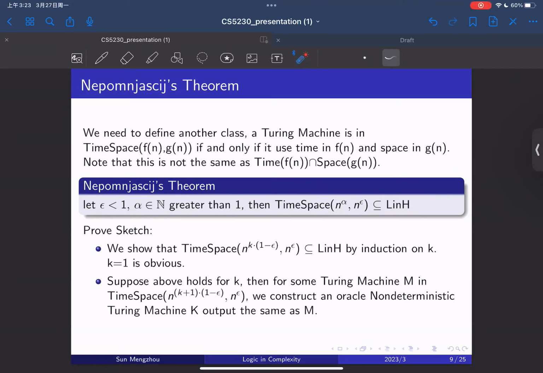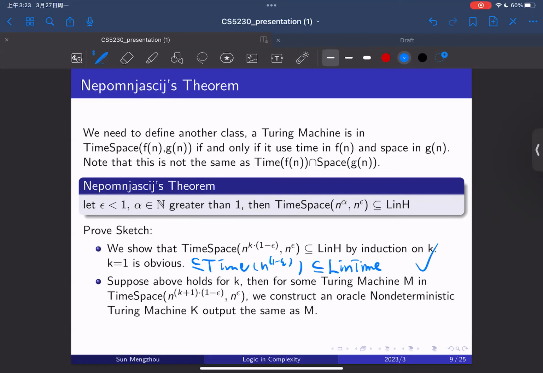So we shall prove that this one is in the linear hierarchy by induction on k. So for k equals 1, it is inside time n^(1 minus epsilon). So it is a subset of linear time. So for the base case, this is true.